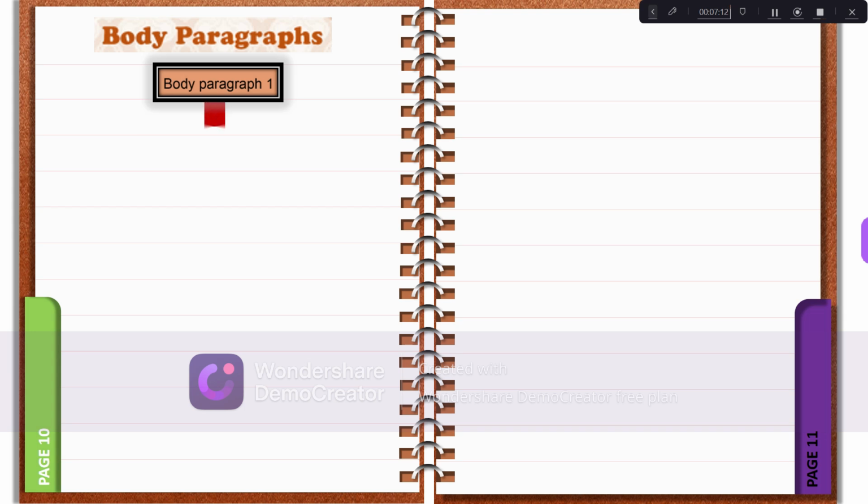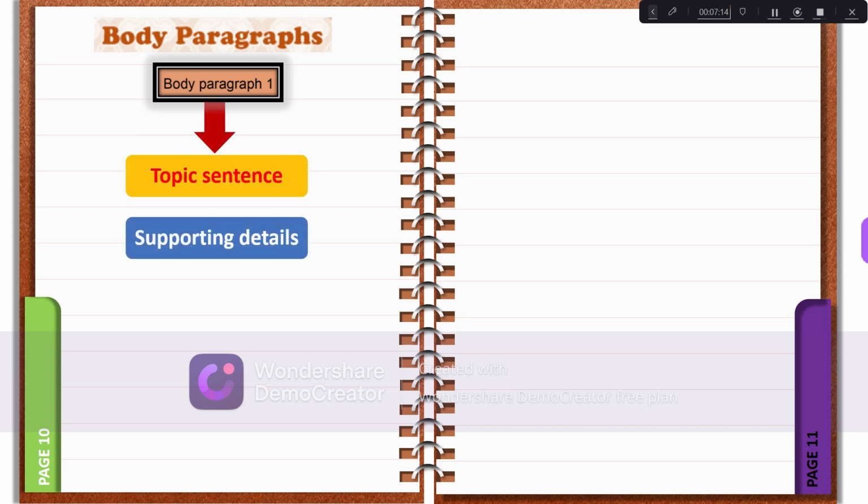Now, body paragraphs: topic sentences and supporting ideas. The topic sentence should be one sentence which explains what you are going to explain in this paragraph. And supporting details, you need to support the topic sentence that you have previously mentioned in the thesis statement.